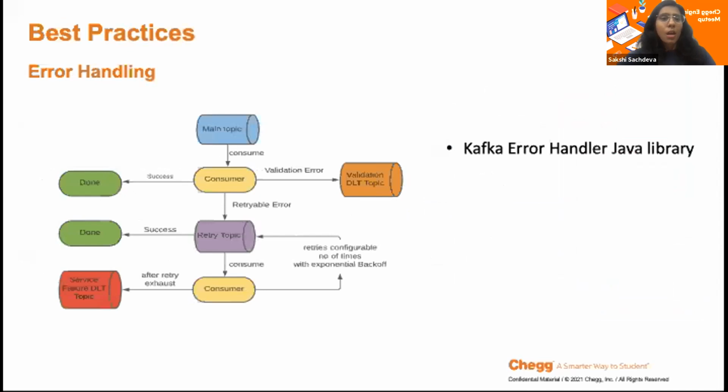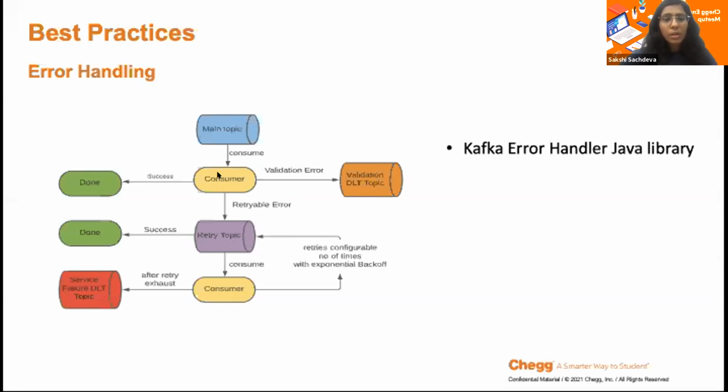Okay, coming to the next area, error handling. For event error handling, we have created a central library. The idea here is the consumer will be reading from the main topic. So either it will be a successful flow, or there can be a validation error or a retrieval error.